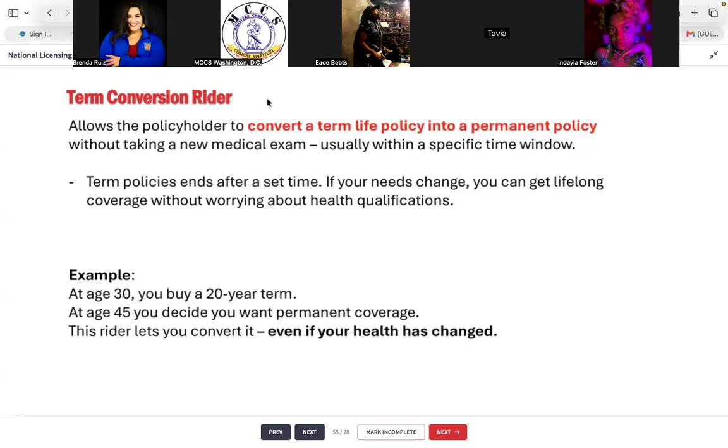Guys, this comes on most term policies for free. You can convert it if you choose to. Now, it does stop at a certain age, depending on what age you got your policy. It may be longer on some policies than others, but it essentially just lets you convert your policy from something temporary to something permanent.